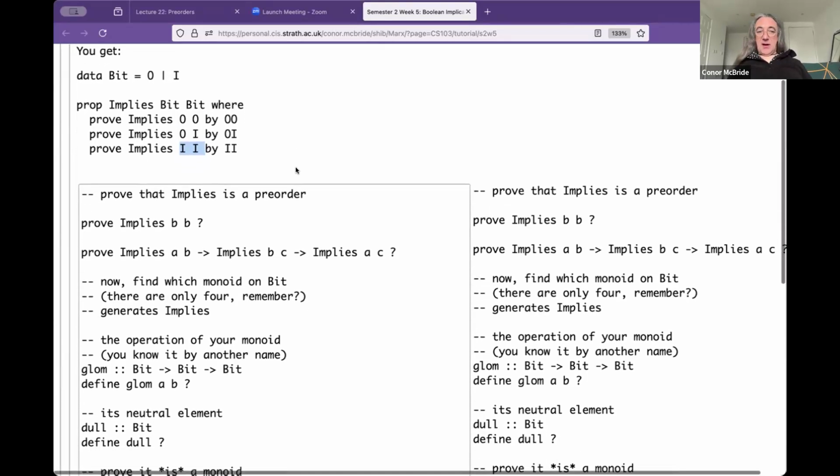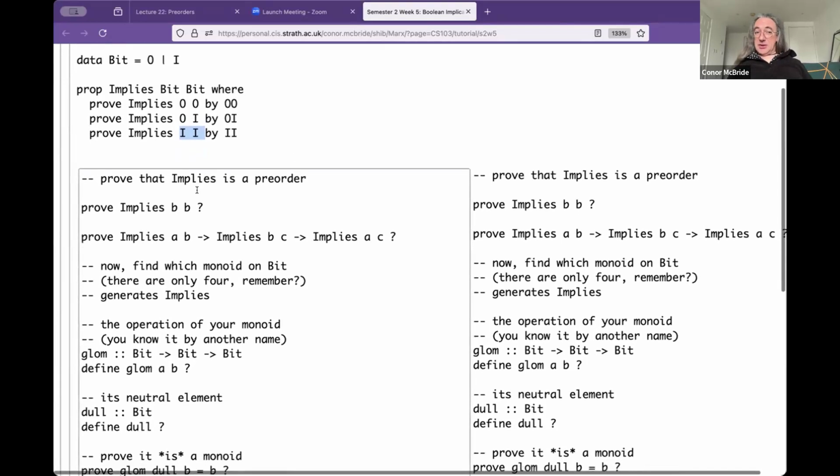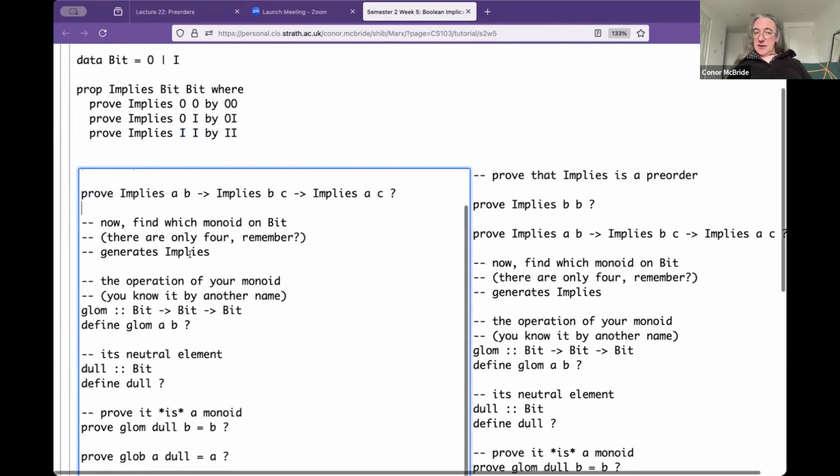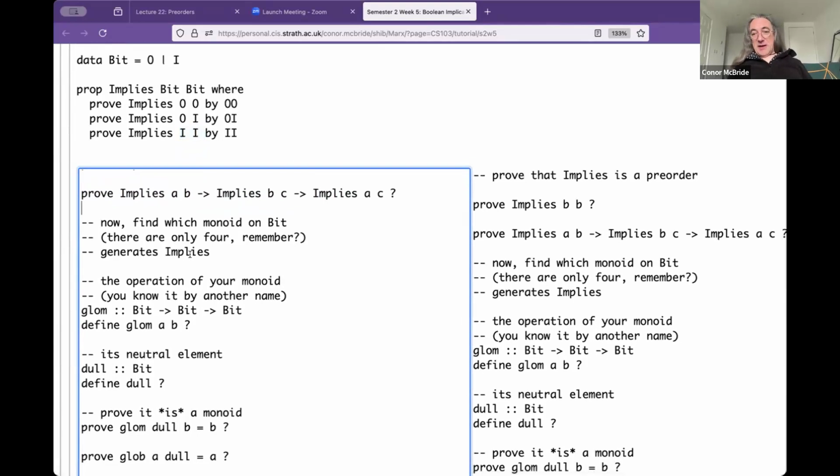So the only one that's missing is that true things don't imply false things. Okay, so I'm asking you to show that that's a preorder, but I'm also asking you to show that it's not just any old preorder, it's the preorder induced by a monoid, just as add-on was induced by plus and mull-on was a preorder induced by times.